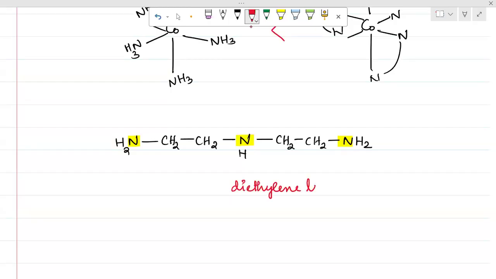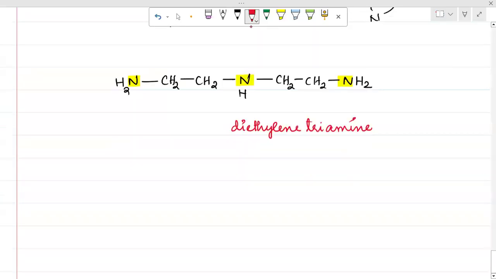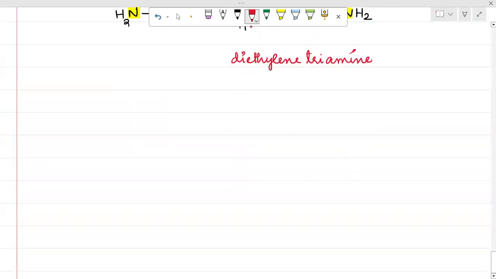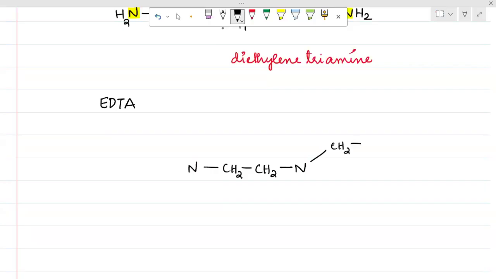I hope you're understanding it, right? Correct. Next one, let's take EDTA. Very important example. It's a hexadentate ligand. Hexadentate means it has 6 donors. Ethylene diamine tetraacetic acid.